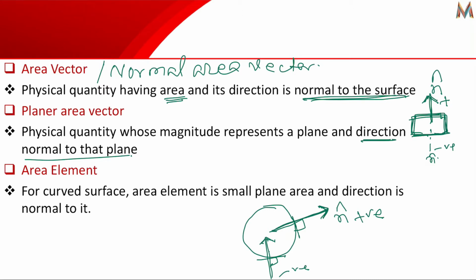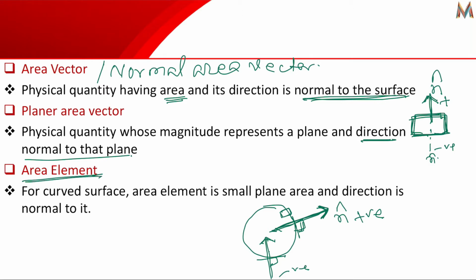In this curved surface, because this n cap is different in different directions, we take a very small part of that curved surface, and that will act as a planar surface, a plane area, that is known as an area element.